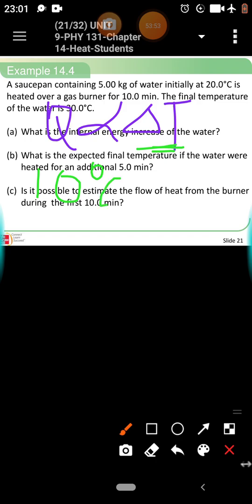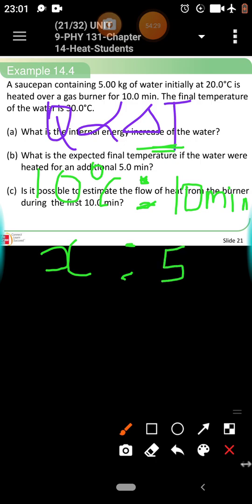So the change in temperature of 10 degrees happened in 10 minutes, and we want the expected final temperature if the water were heated for an additional 5 minutes. So now we are given that 5 minutes is added.